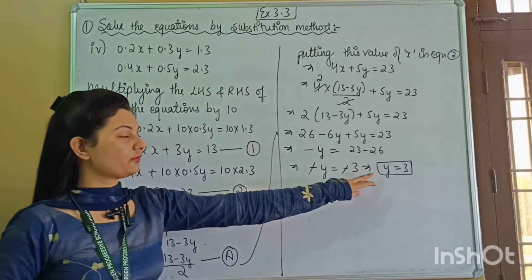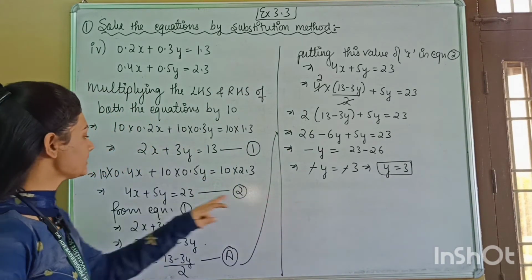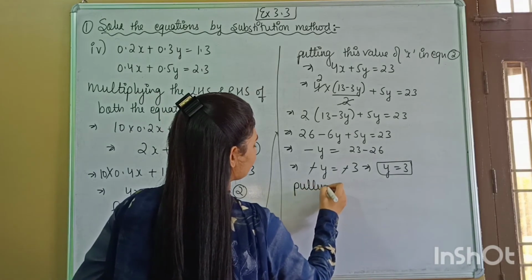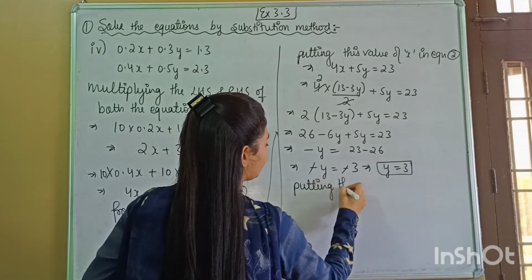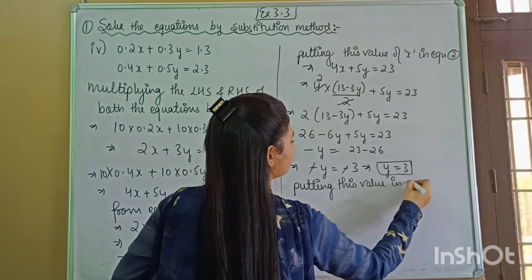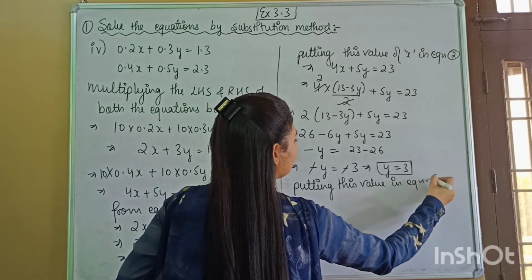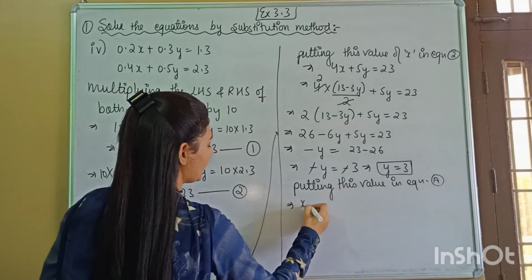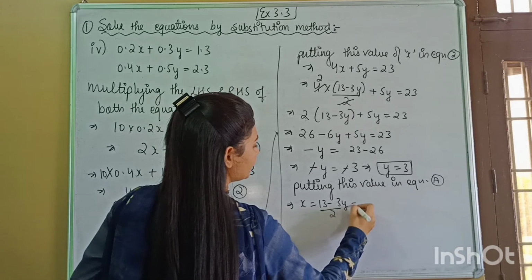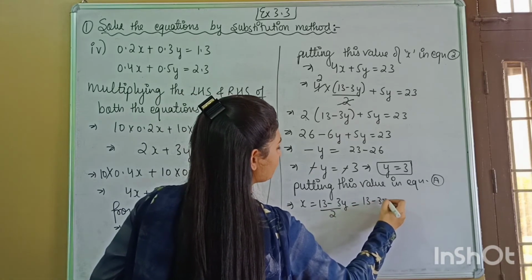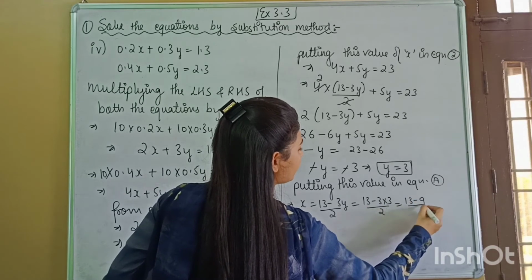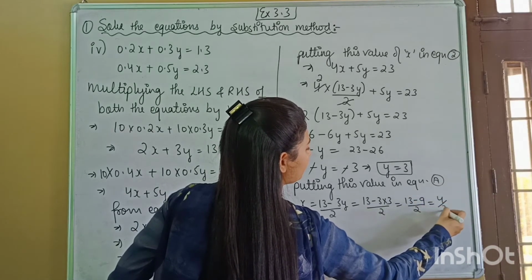So the value of y we have taken out. Now putting this value of y in equation A, what is the equation? x is equals to 13 minus 3y by 2, that is 13 minus 3 into 3 by 2, that is 13 minus 9 by 2, that is 4 by 2.